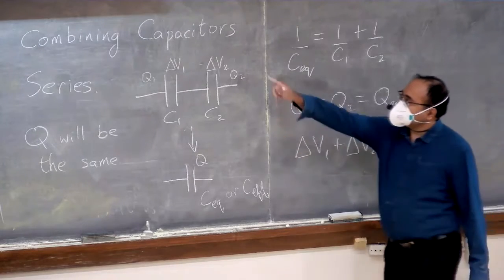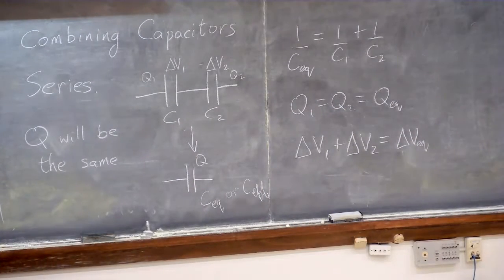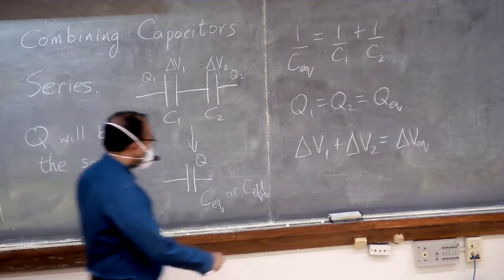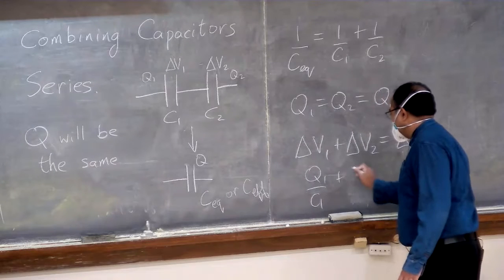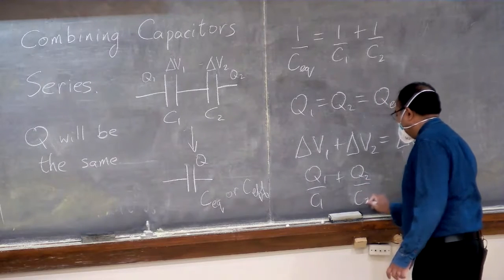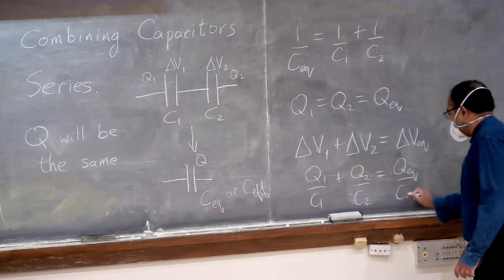We have delta V1 plus delta V2 equals this. However, from our fundamental equation for capacitors, delta V is Q over C. So I could write this as Q1 over C1 plus Q2 over C2 equals Q equivalent over C equivalent.